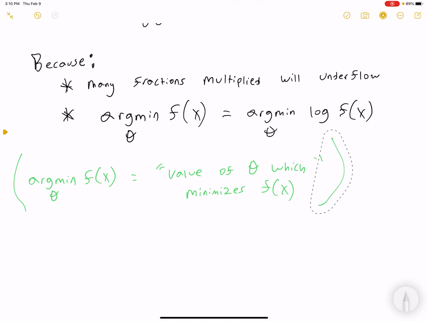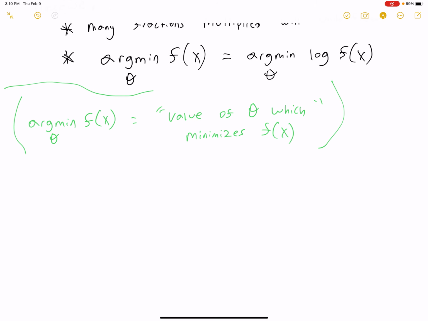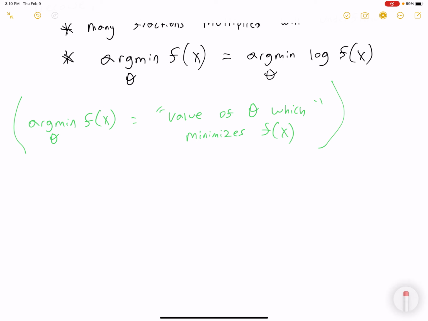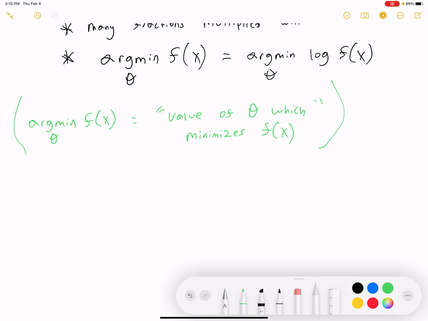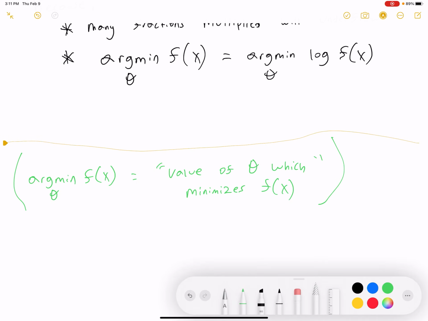It's the same for min or max. Let me just write that out. Just to be super thorough, the same holds for argmax.